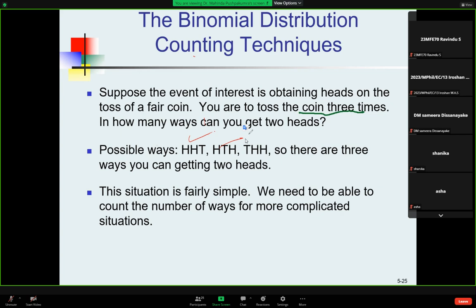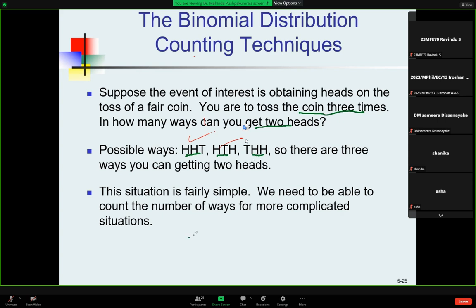In how many ways can you get 2 heads? This is very simple. We realize that there are 3 ways to get 2 heads.